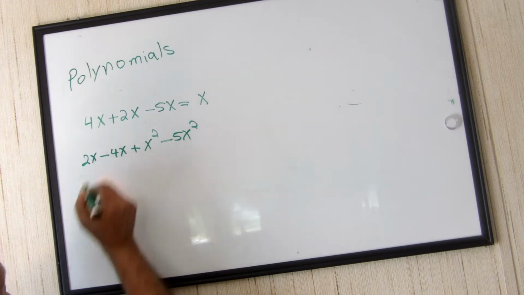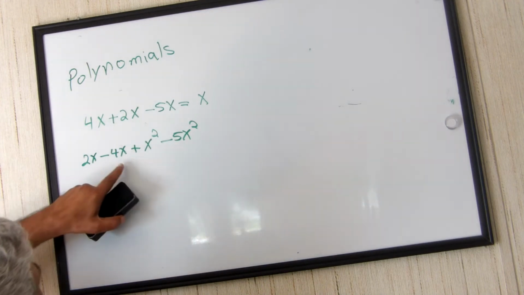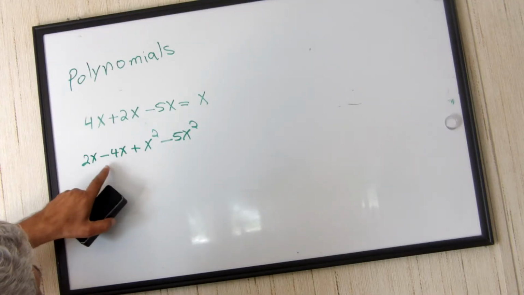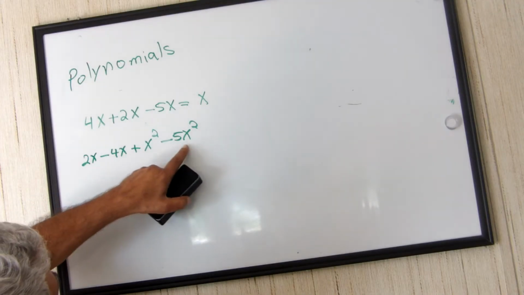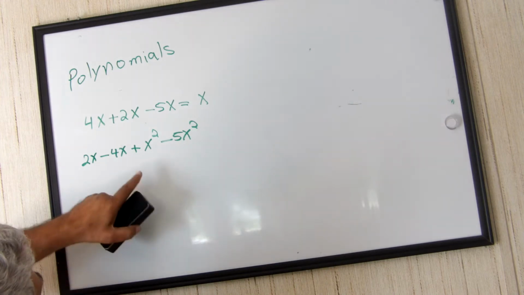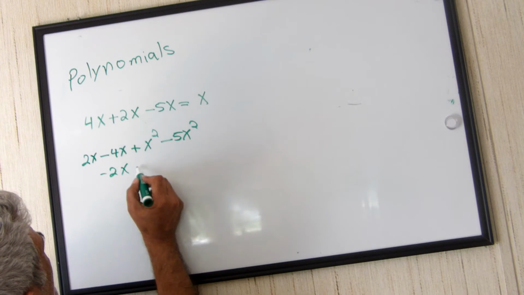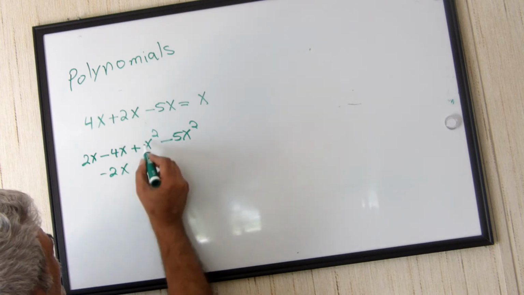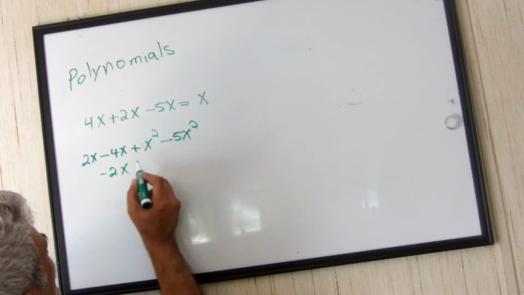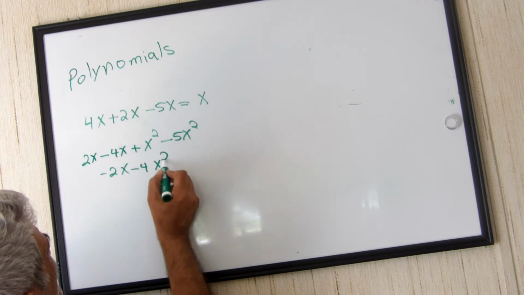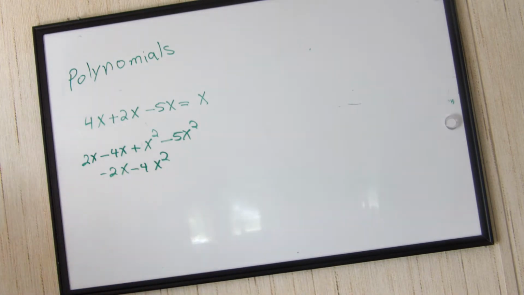The variable part x to the power of 2 is the same. We can add these: minus 2x, and then minus 5 plus 1. This is 1x. It's going to be minus 4x². Okay, that's going to be the answer.